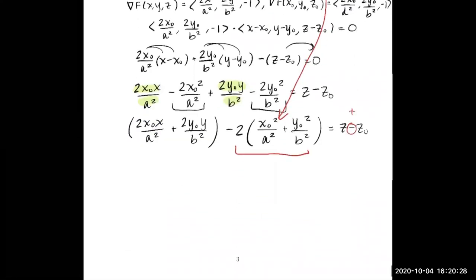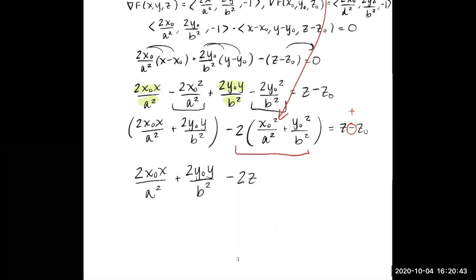So what I can do is I can use that equation and plug it in here, and I'll rewrite my first two terms. And this is going to all collapse to a minus 2z, z naught that is, because I have x naught and y naught. And this equals z minus z naught.